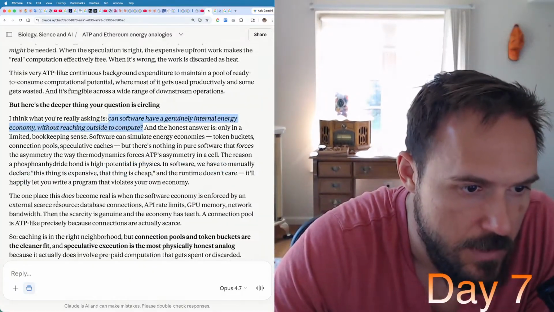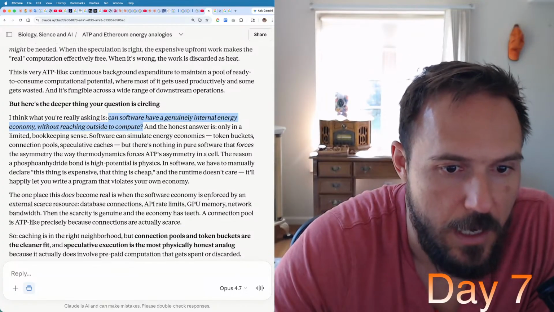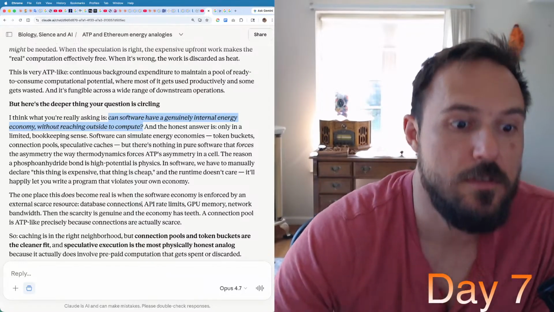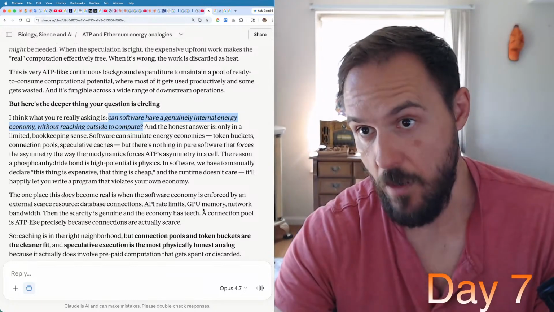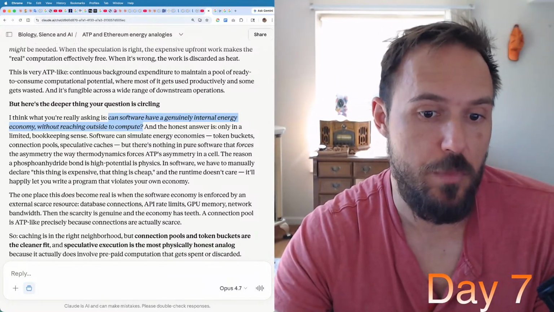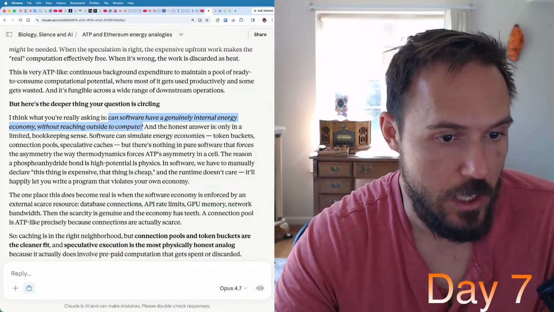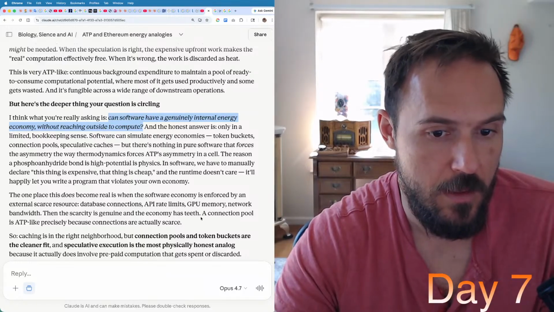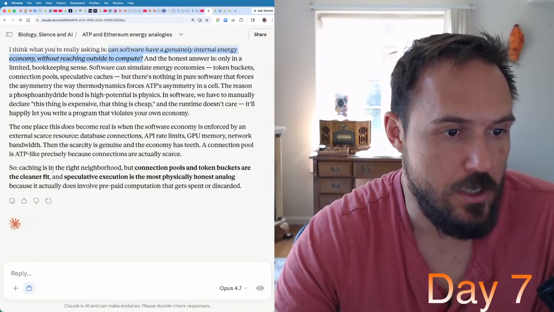The one place this does become real is when the software economy is enforced by an external scarce resource: database connections, API rate limits for Amazon, for example, GPU memory, network bandwidth. Then the scarcity is genuine and the economy has teeth. Connection pools, ATP, like, so caching isn't right.